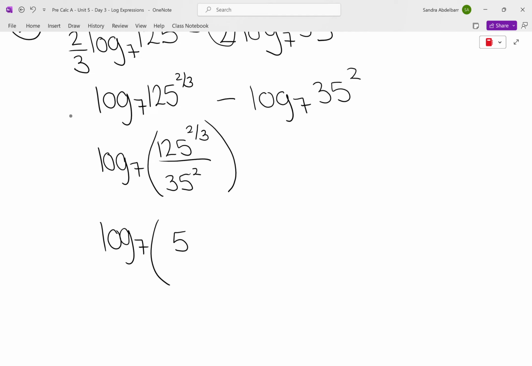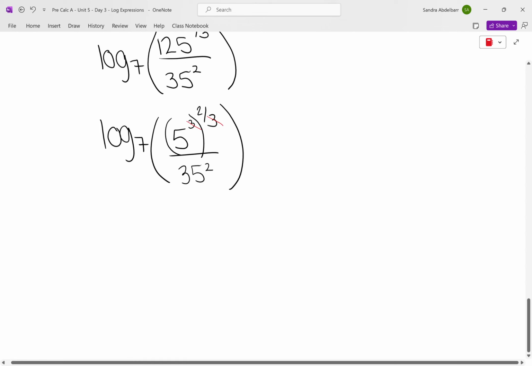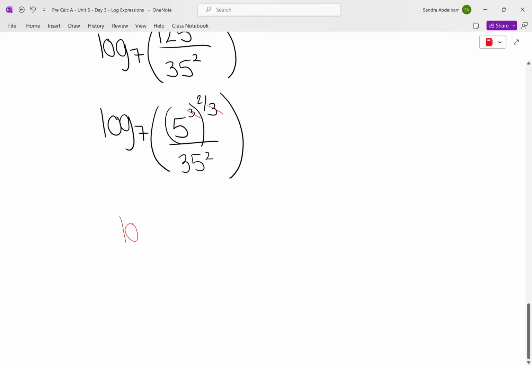So now we're going to have log base 7, and we're going to have 5 to the 3rd power raised to the 2/3 over 35 to the 2nd. These 3's will now cancel. So now we have log base 7 of 5 to the 2nd power over 35 to the 2nd power.